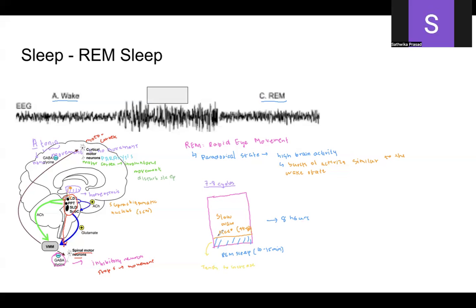So as morning approaches, your REM sleep tends to increase, which is really important because that's your brain's way of starting to wake up and get accustomed to that rapid thinking that you use in your wake state, right? So you see how here the wake state is very similar to your REM sleep. The reason why you have more REM sleep as you tend to wake up is because that's your brain's way of preparing you to start thinking again for the day.